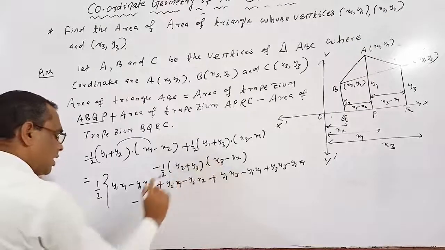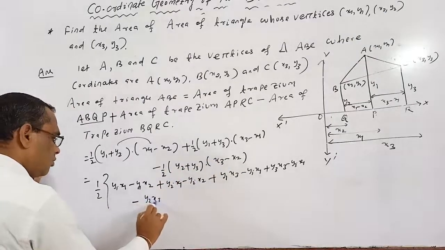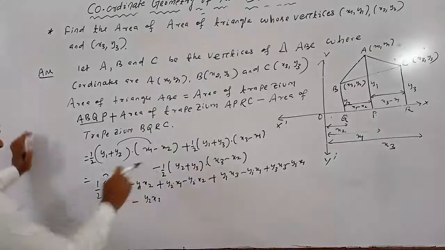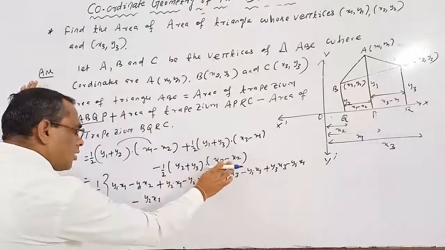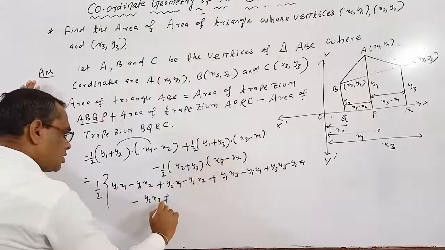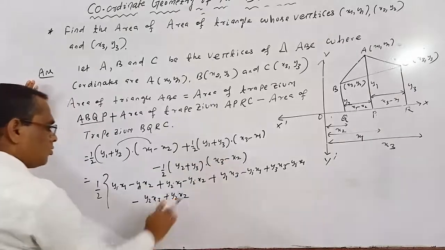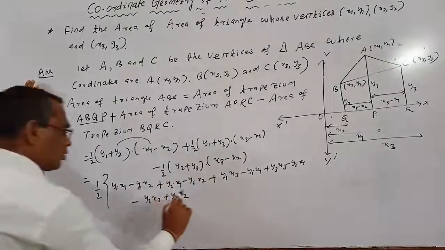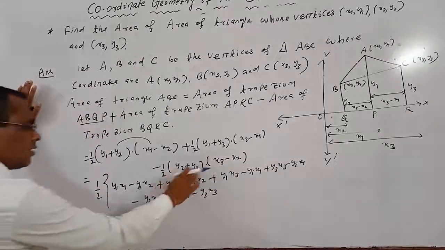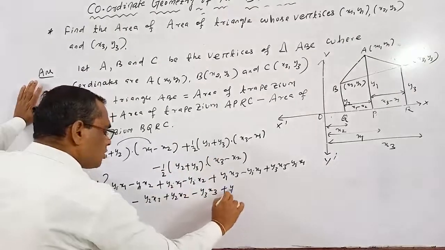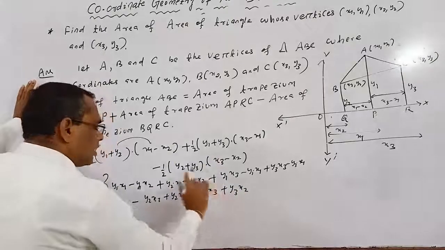So y2 x3 minus y2 x2, means minus minus plus, so plus y2 x2, next we multiply y3, so minus y3 x3, here minus plus is plus y3 x2. Okay.